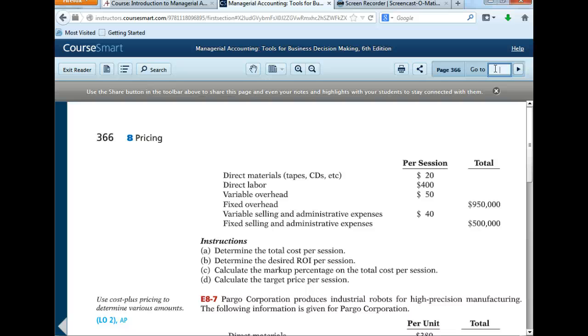So we're going to start with the total cost per session. Our direct materials are how much? 20.